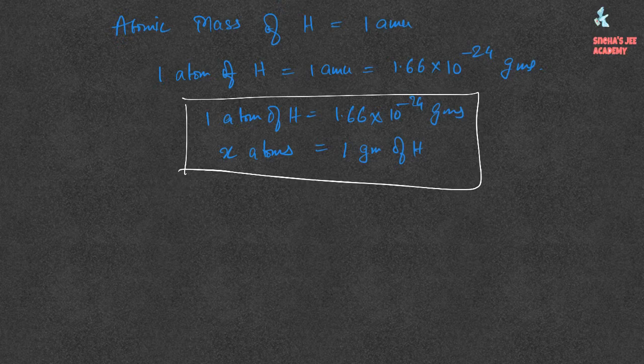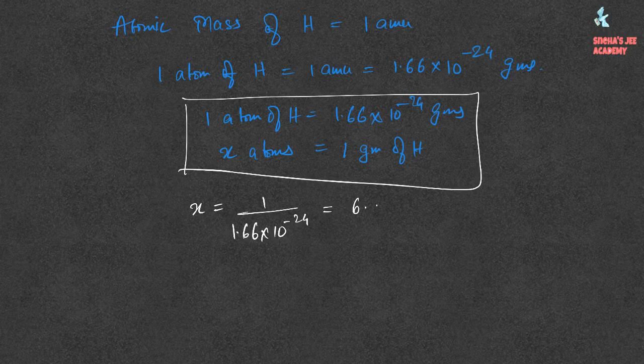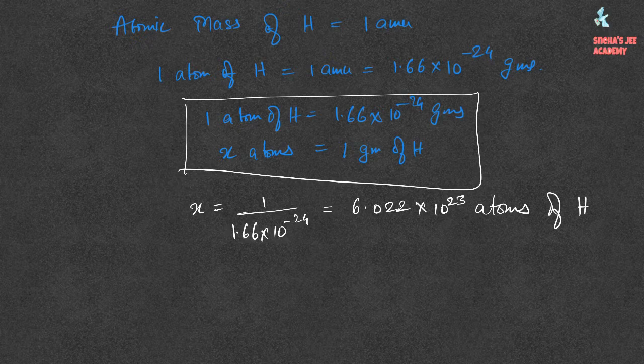Okay, and to find out X is very simple. So X would be equal to 1 upon 1.66 times 10 raised to minus 24. Okay, and if you do it in the calculator, you will get it as 6.022 times 10 raised to 23 atoms of hydrogen.